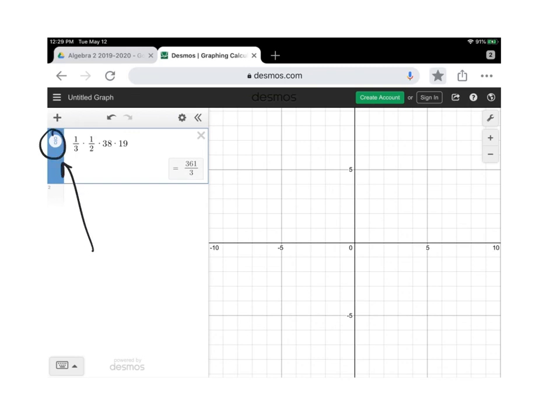If you hit that button, it will reduce it for you and give it in simplest form. So I wouldn't punch the radical in, that's not going to help you. But remember, our answer was 361 root 3 over 3. The tricky part is reducing that fraction, and Desmos can make that very easy for you.